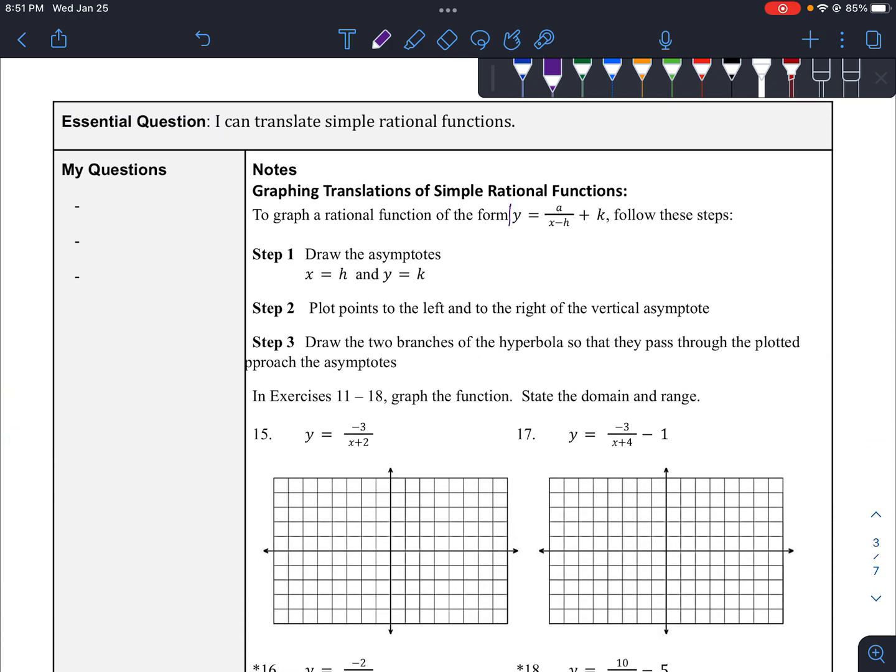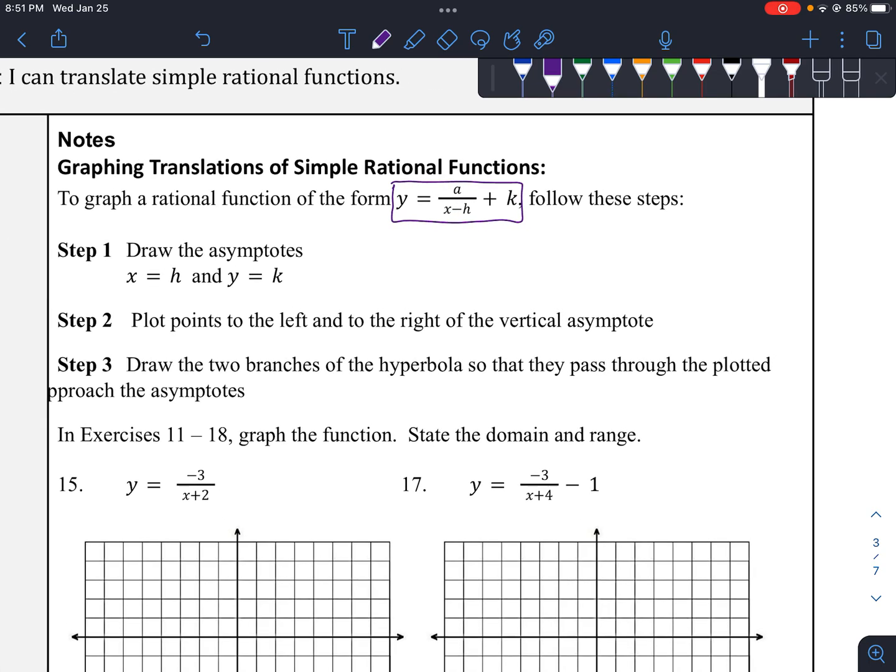Okay, so the next form of a rational function looks like this right here. These are going to look very similar, but these types of rational functions are going to be translated, meaning that there are going to be horizontal and vertical shifts. Okay, so you can see that we have x minus h and plus k.